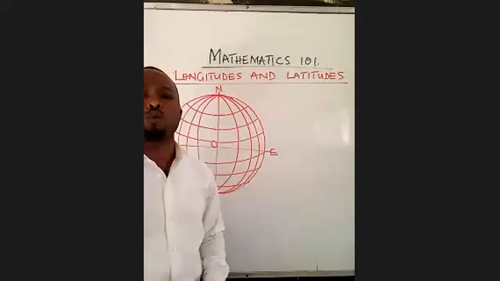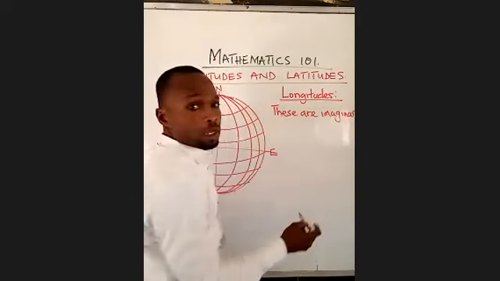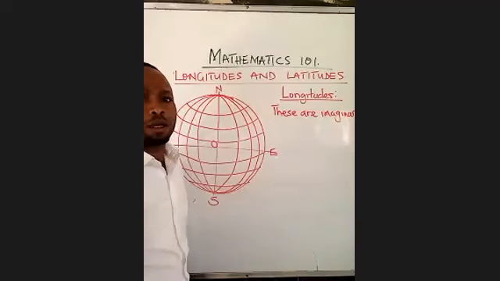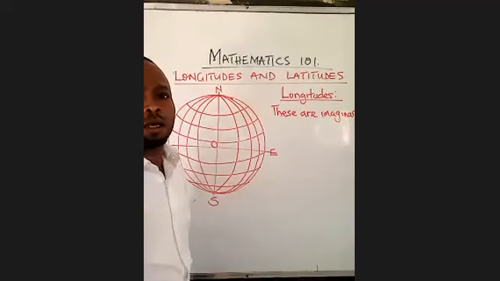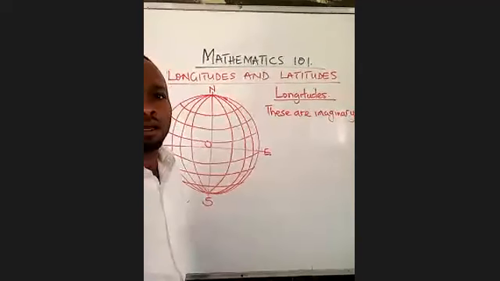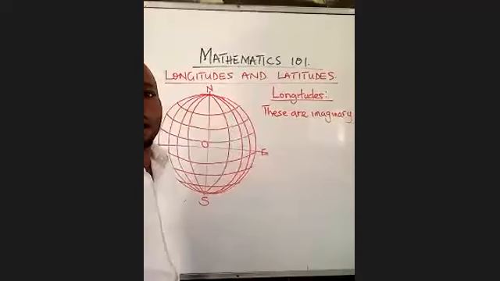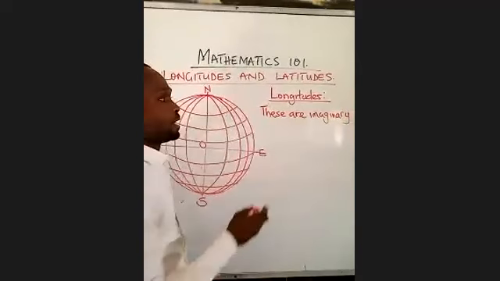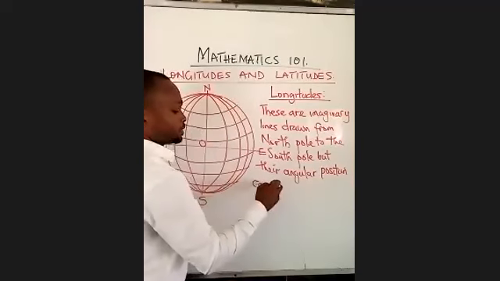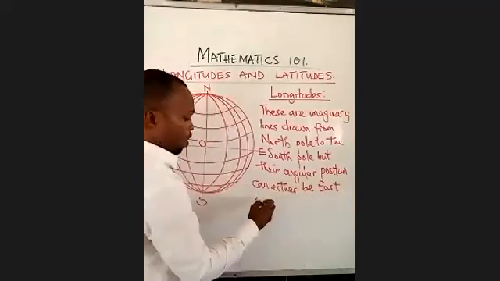Longitudes. Now, what is the definition of longitudes? Please, I want you to write, okay? These are imaginary lines drawn from North Pole to South Pole. Their angular position can either be east or west.